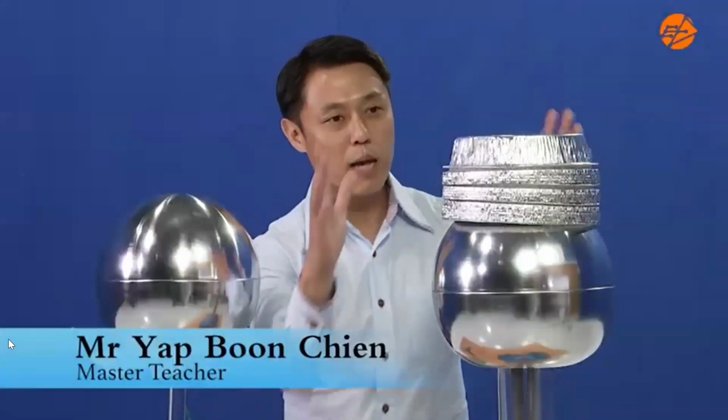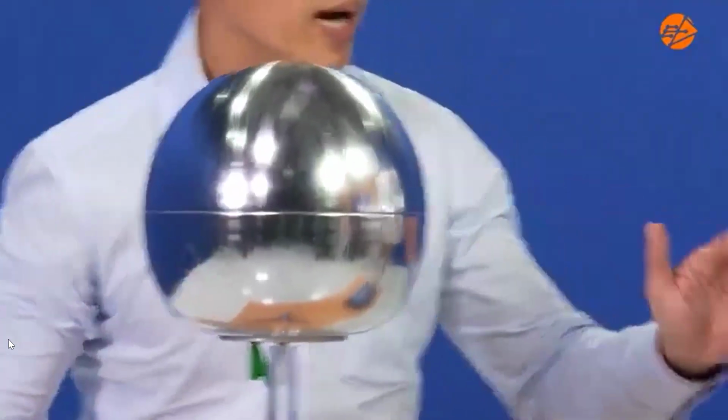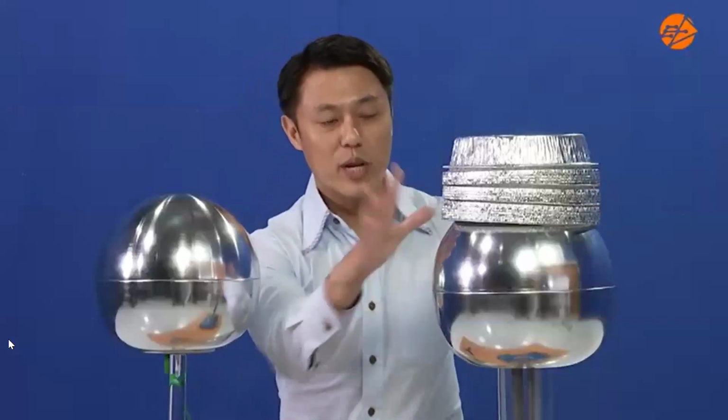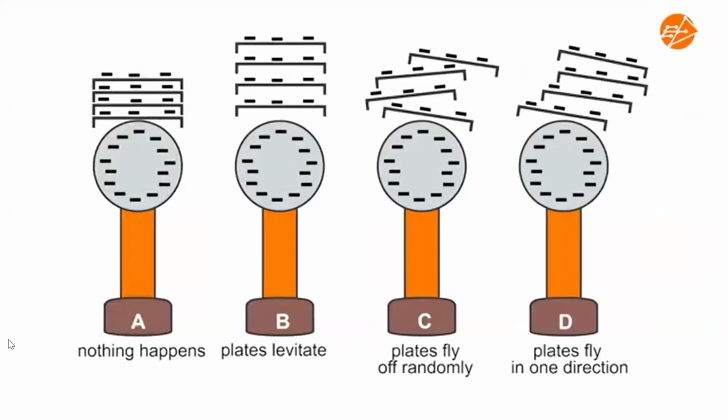Here we have some pie plates placed on the dome of the uncharged Van de Graaff generator. In addition, I have an earth sphere placed nearby to the generator. Predict what will happen to the pie plates when the generator is charged up. Here are 4 possible outcomes. Which outcome do you expect and why?